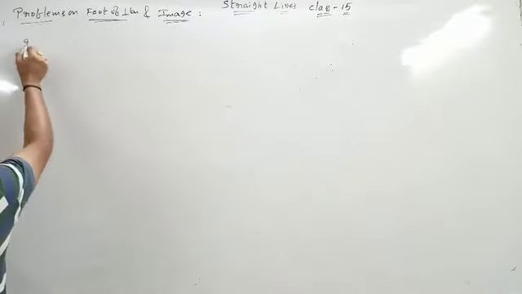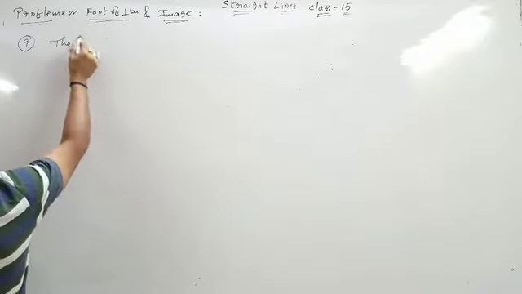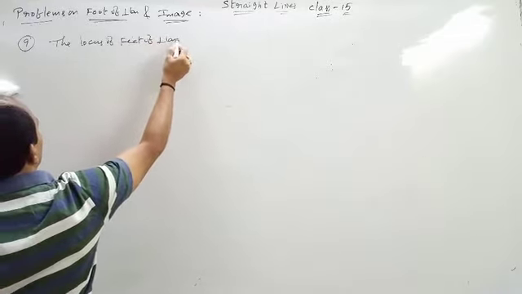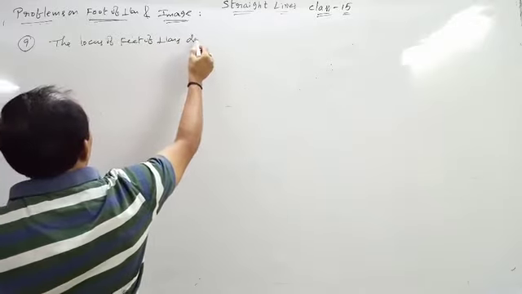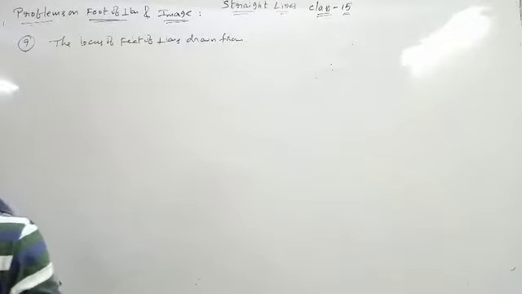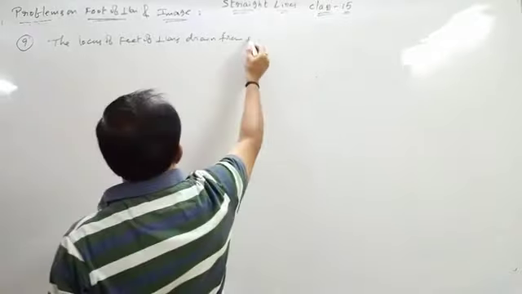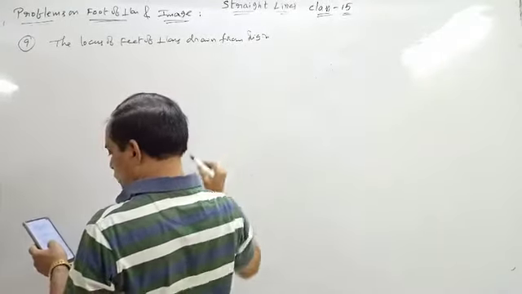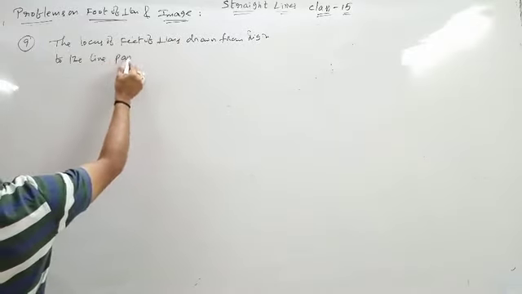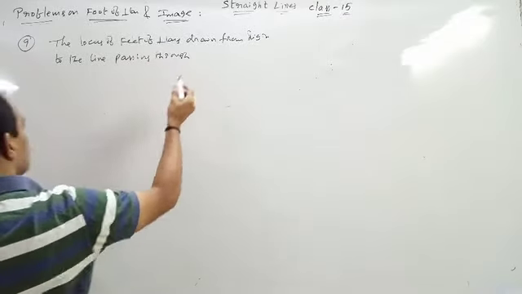Now the 9th question is: the locus of feet of perpendiculars drawn from origin to the line passing through 2, 1.